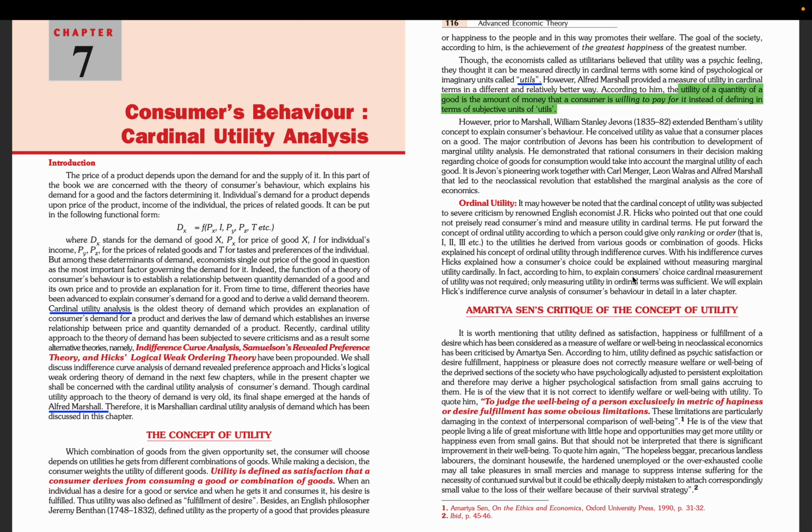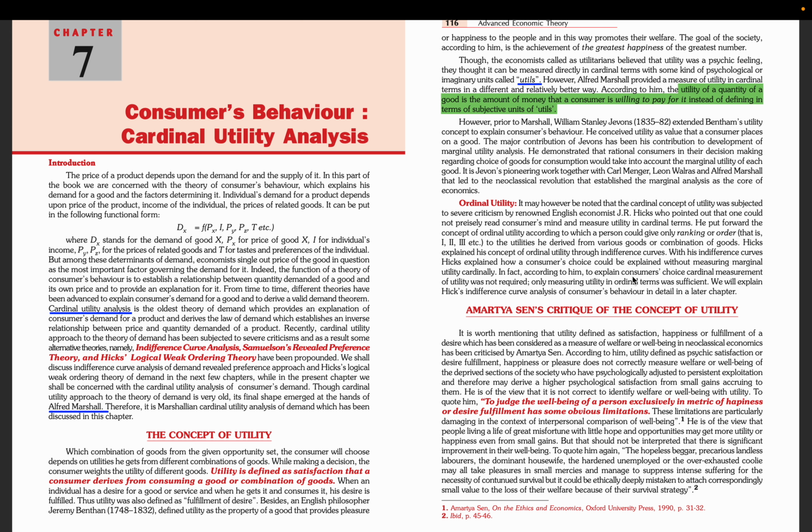It may, however, be noted that the cardinal concept of utility was subjected to severe criticism by renowned English economist J.R. Hicks, who pointed out that one could not precisely read consumers' mind and measure utility in cardinal terms. He put forward the concept of ordinal utility, according to which a person could give only ranking or order, that is 1, 2, 3, to the utilities he derived from the various goods or combination of goods.